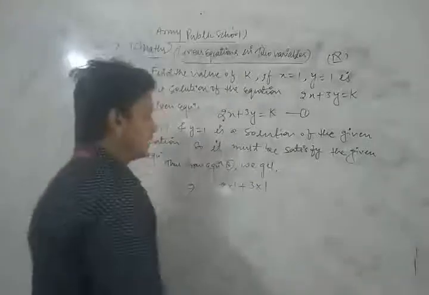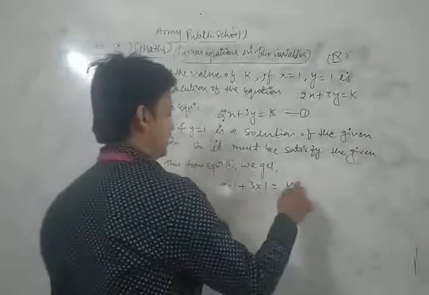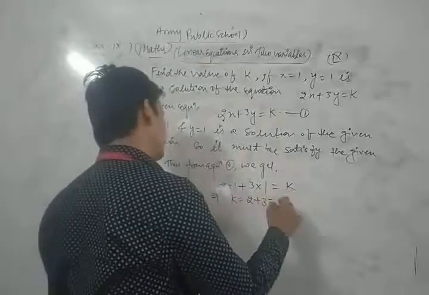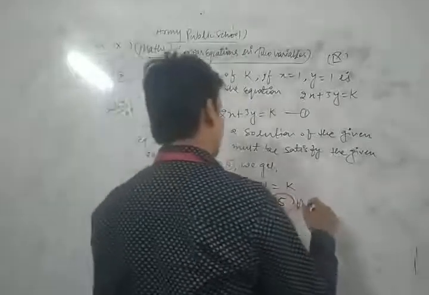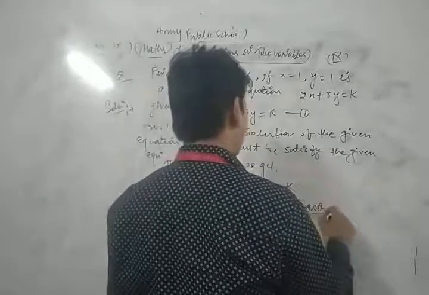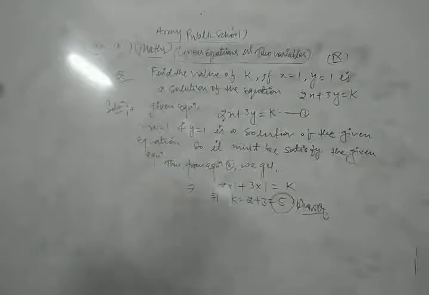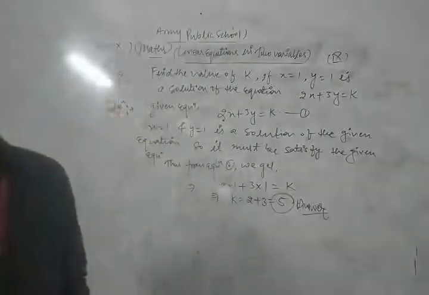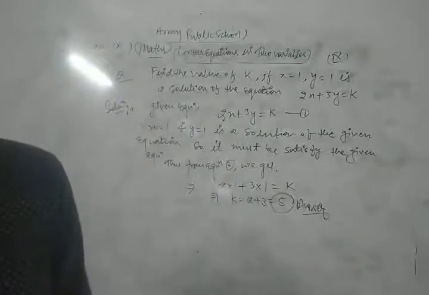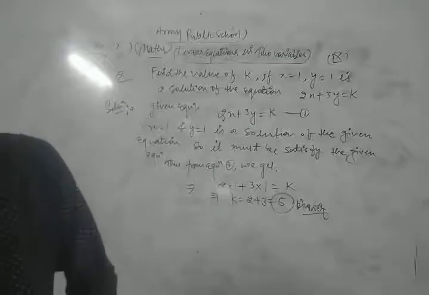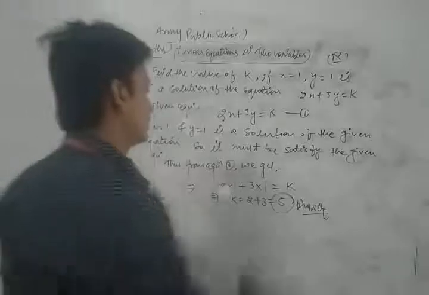Okay, dear students, now we get k is equal to 2 ones are 2 plus 3 ones are 3, 3 plus 2 is 5. Thus the value of k is 5. This is the required solution of the question. Okay, so in this way you can solve each and every question of your syllabus based on this topic. Now we take and solve some other important questions of that topic. Let's see.